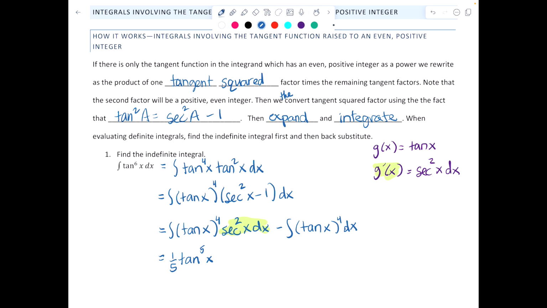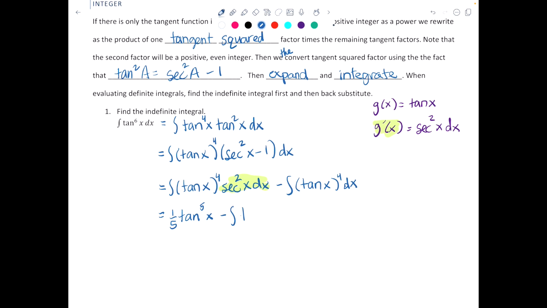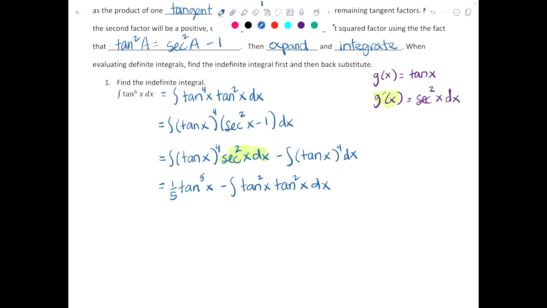Now this next one, we're going to have to use the same kind of plan. You rewrite it as tangent squared at x times tangent squared at x dx. So you're applying the same rule again. This guy goes along for the ride. And this should look familiar.